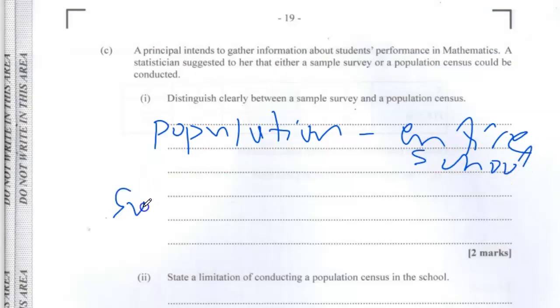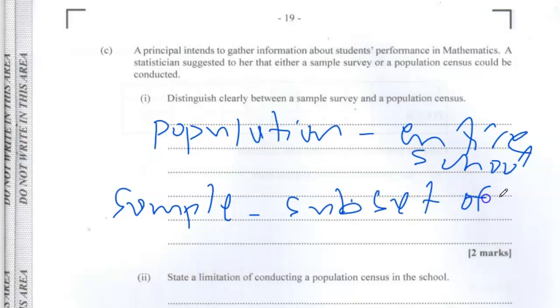And the other, a sample, would be a subset of the school. So a sample could be a class or a grade level or whatever. It would be a subset of the school, depending on how they want to take it, alright?